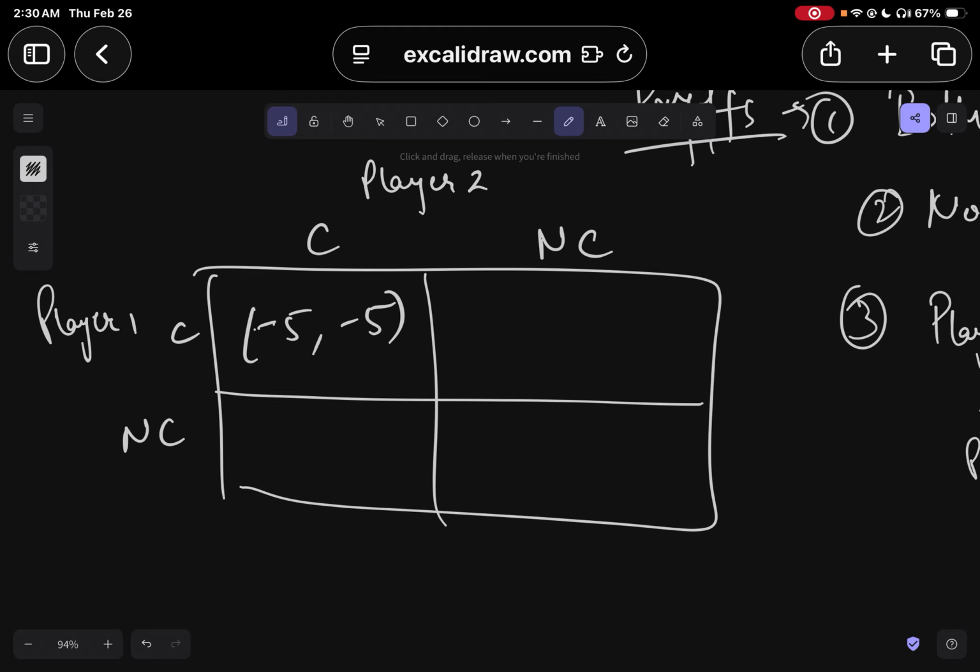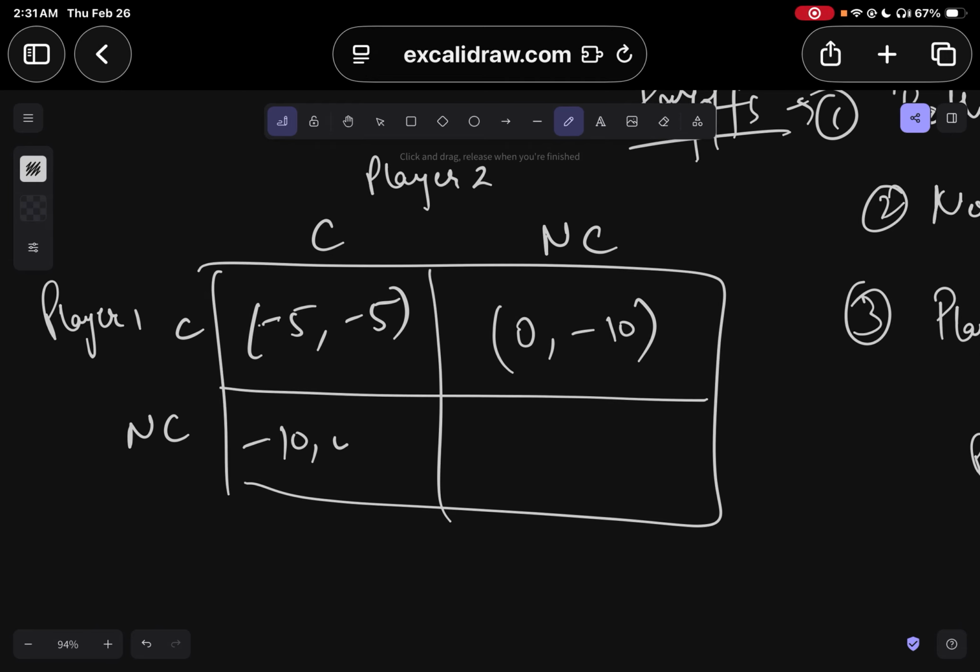Now, if let's say player 1 confesses but player 2 does not, then player 1 will be free, but player 2 will go for negative 10 years, and the opposite will happen in this panel where player 1 didn't confess but player 2 confesses, which means player 1 will go for 10 years of prison, and when both of them do not confess, they will go for 1 year.